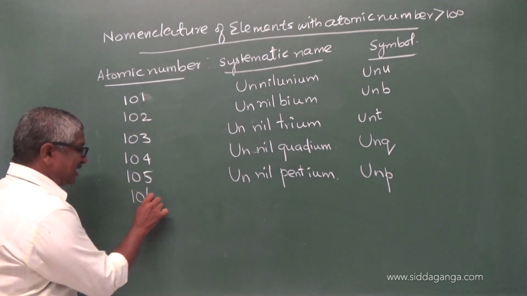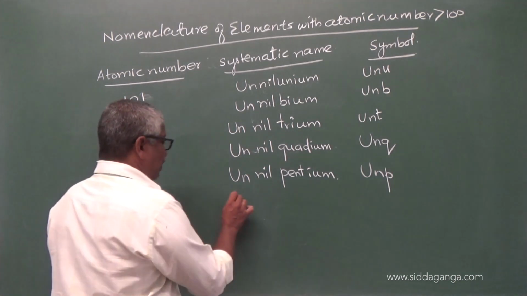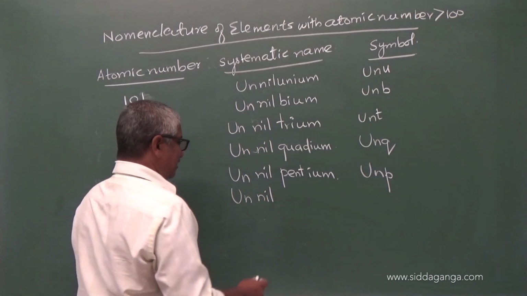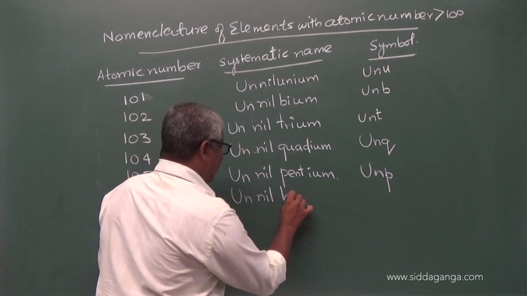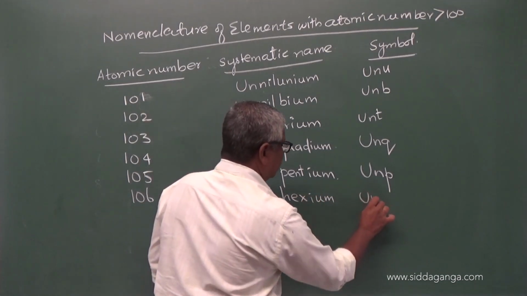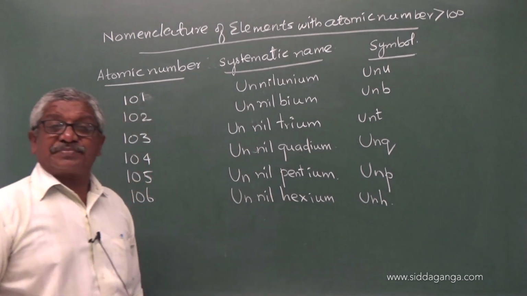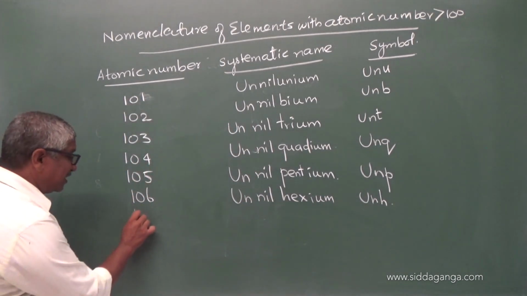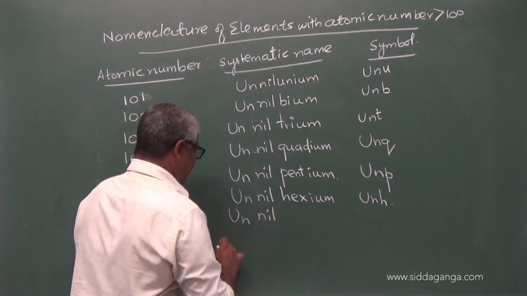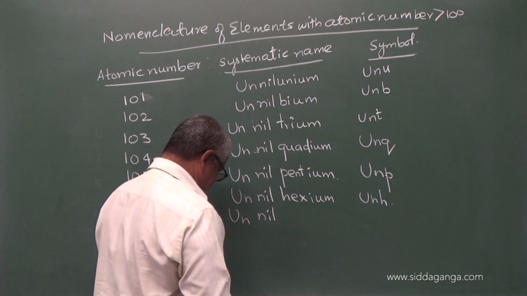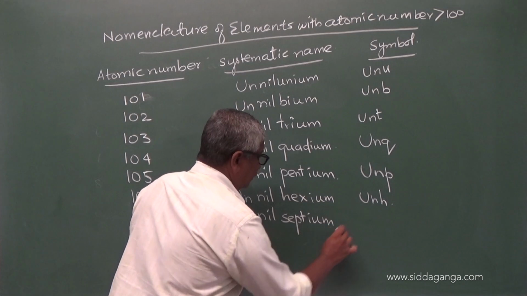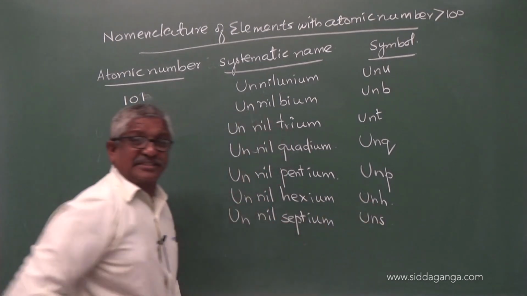Now 106: 1 indicates un, 0 indicates nil, 6 indicates hex, IUM: unnilhexium, UNH. Now 107: un nil, 7 is sept, septium, UNS.